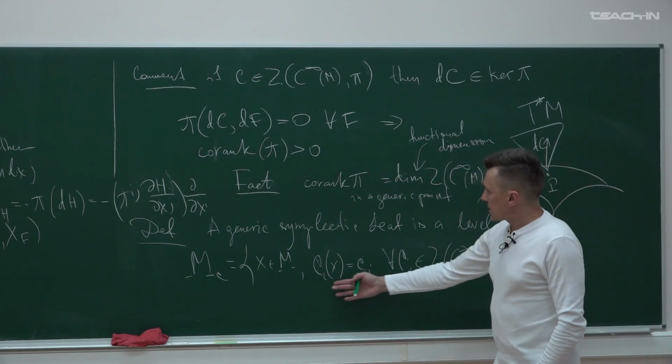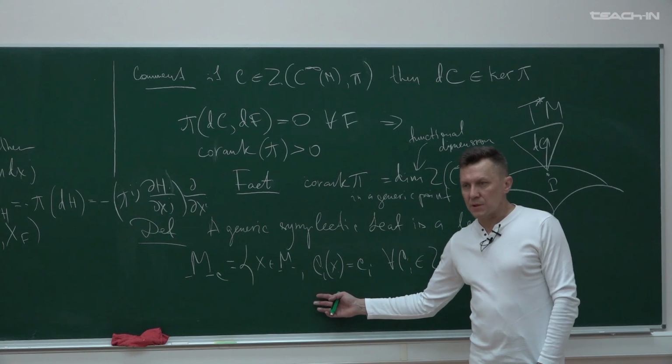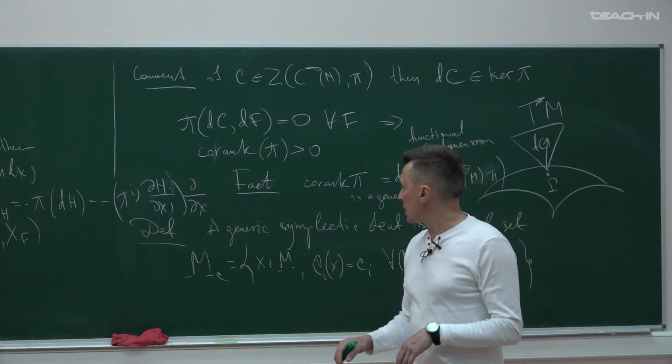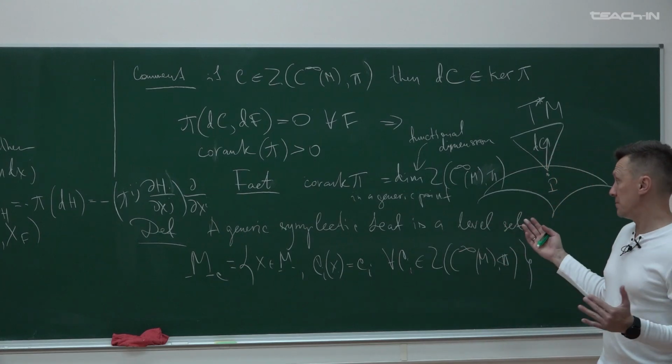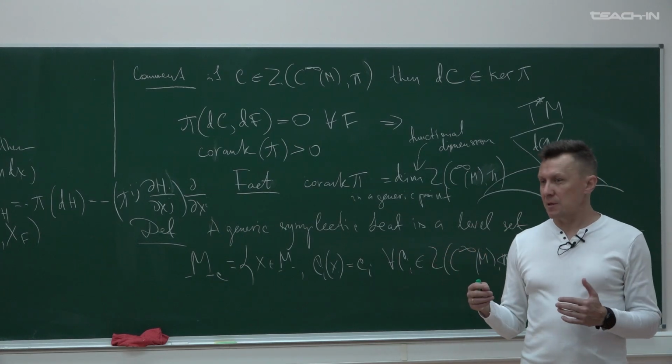So it means that we fixed all the values of all central elements. And then this subvariety is called the generic symplectic leaf.